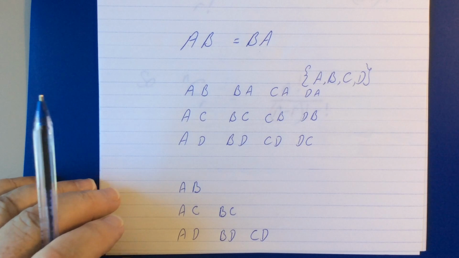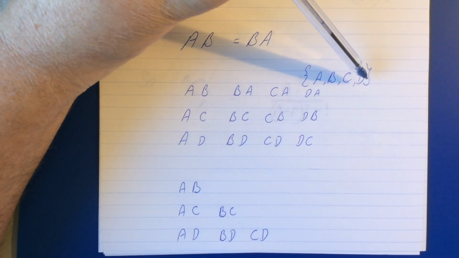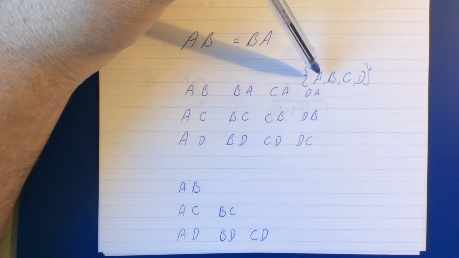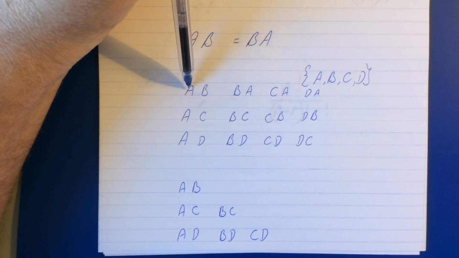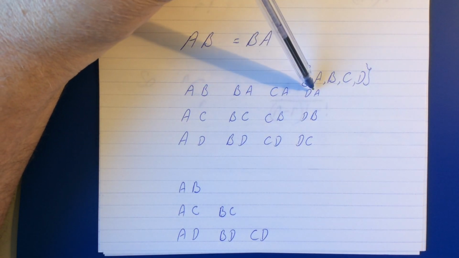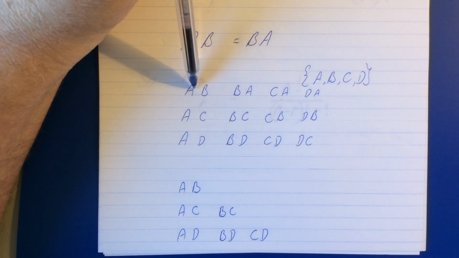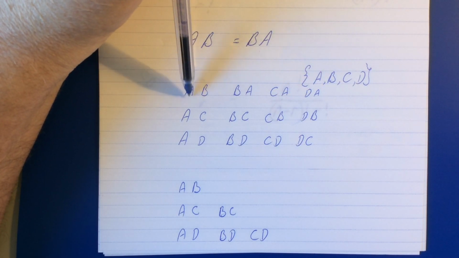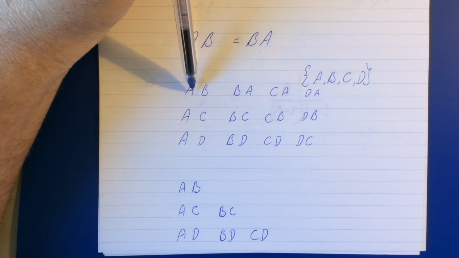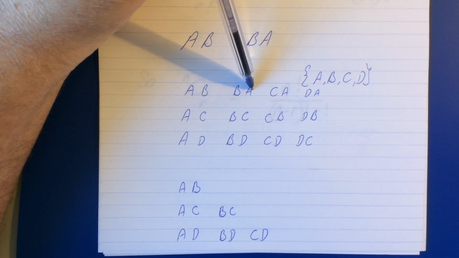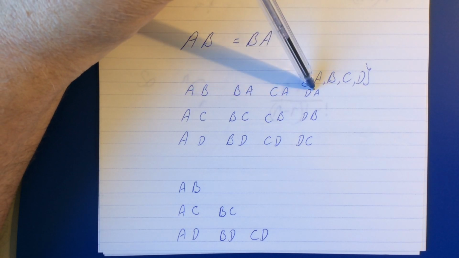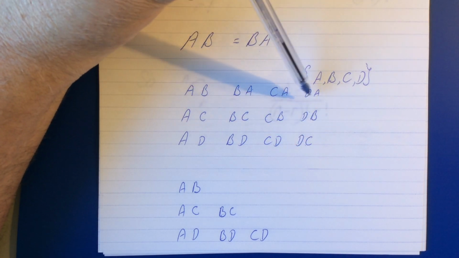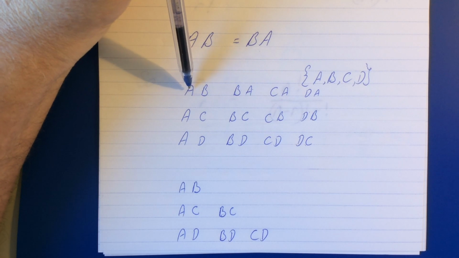We have a set of 4 letters from which we must choose combinations of 2 letters. If we do that in a way in which order is important, we get 4 times 3, 12 possible arrangements.